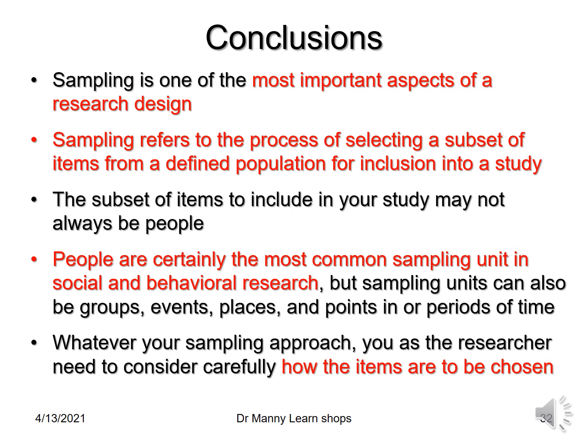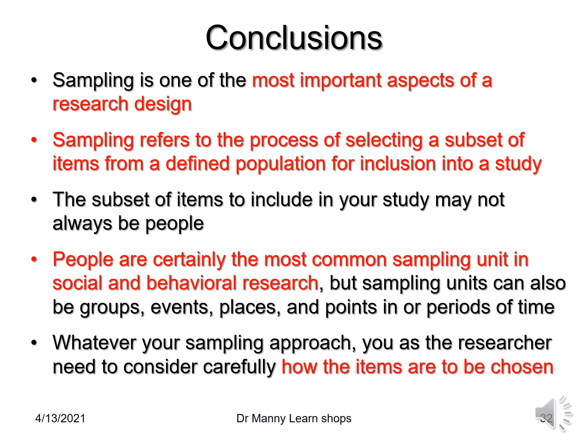Anyway, in conclusion, sampling is one of the most important aspects of a research design. Sampling refers to the process of selecting a subset of items or things from a defined population for inclusion into the study. It's that subset of items or things that you include in your study. They may not always be people. People are certainly the most common sampling unit in social and behavioural research because it's about human beings, and certainly in nursing.